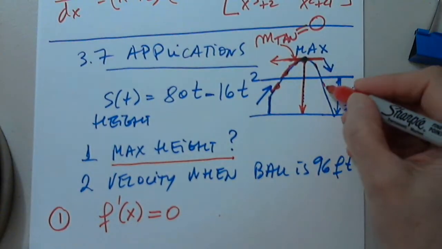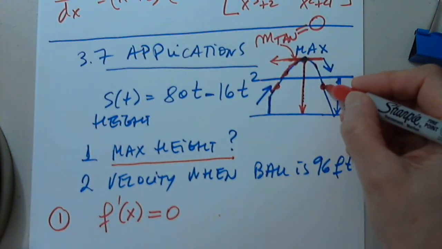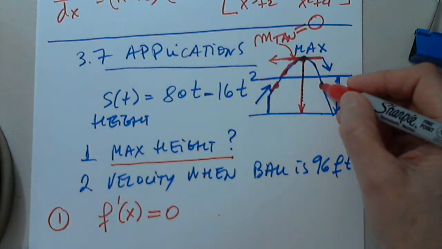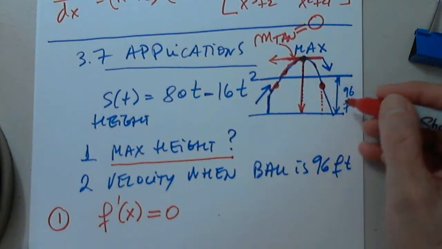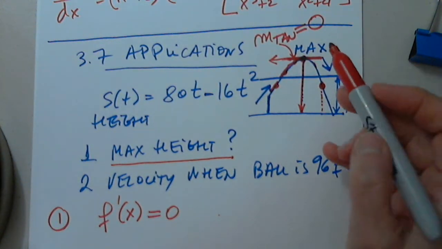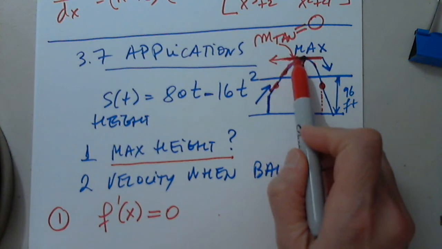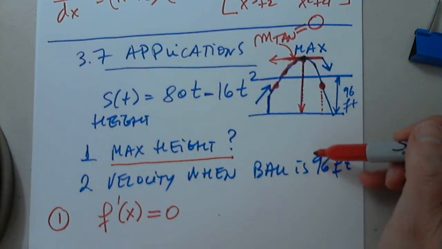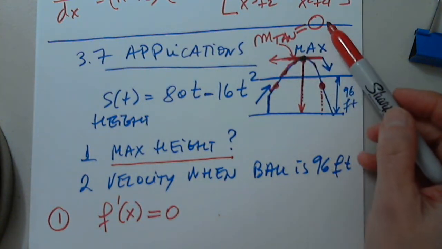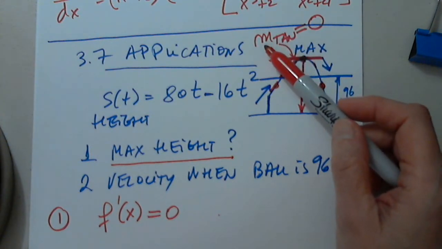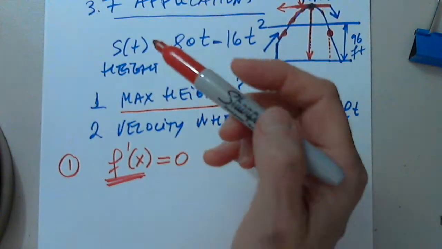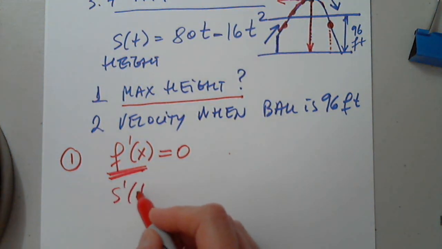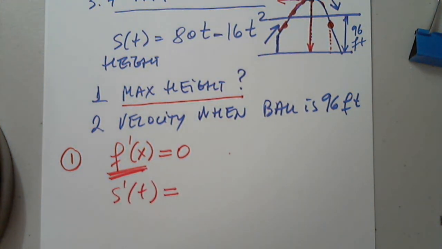Now, if you ask me to find the rate of change here, then I have to find the derivative, but you have to give me some other information to plug in. But this is the easiest thing, finding the maximum or the minimum, because the slope of the tangent line is 0. What function gives the slope of the tangent line? The derivative. So I have to find s prime of t. Can anyone give us s prime of t?